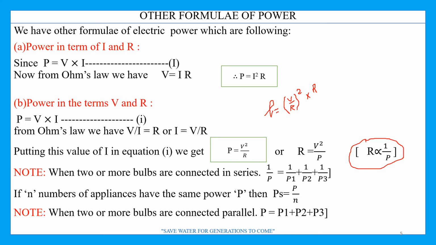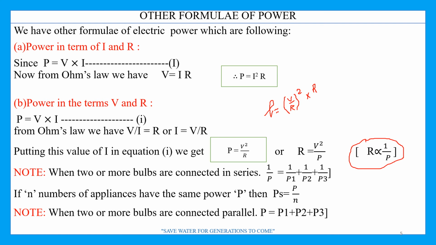Some of you must be thinking how we have got this relationship. I shall be discussing it. If n number of appliances are there, here three, then the power of the series circuit will be total power upon n.